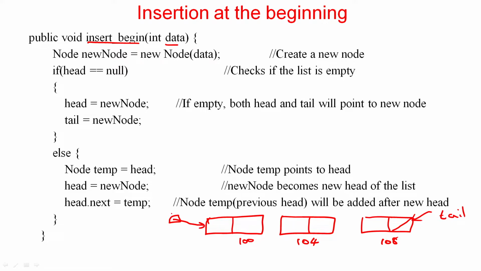So here 100 is mentioned. This is the head pointer. The head pointer has the address 100. Then 104 is written in the first node. Then 108 is written in the second node. So the link is created. The tail has the address 108.